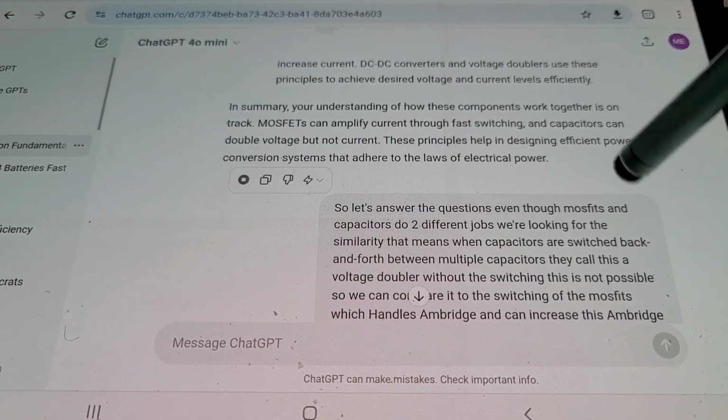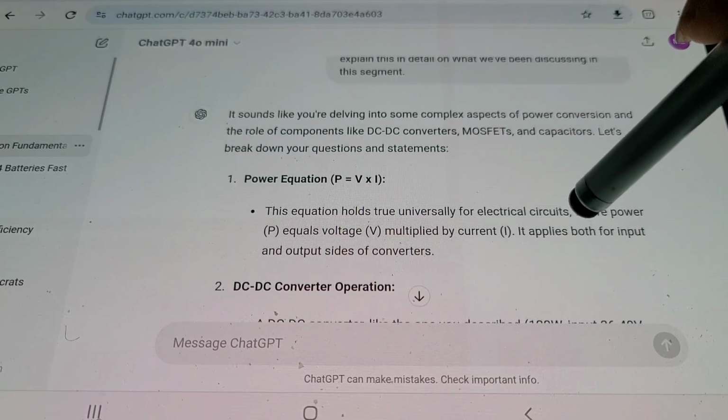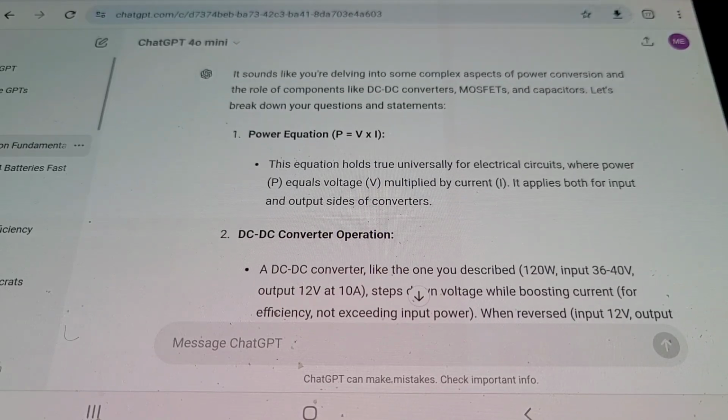It sounds like you're delving into some complex aspects of power conversion and the role of components like DC-DC converters, MOSFETs, and capacitors. Let's break down your questions and statements. 1. Power equation, P equals V times I. This equation holds true universally for electrical circuits, where power P equals voltage V multiplied by current I. It applies both for input and output sides of converters. 2.